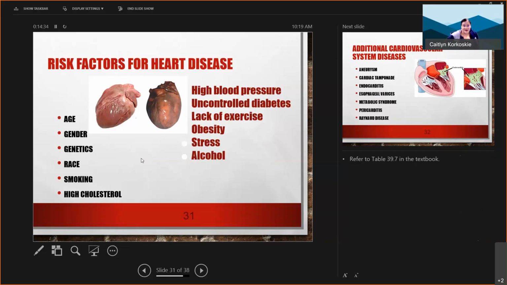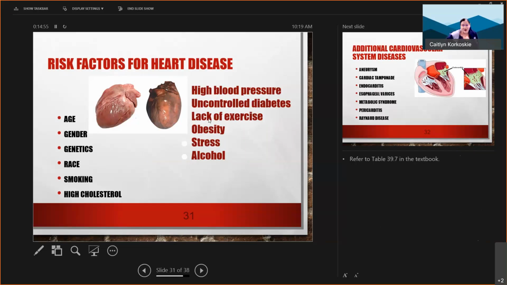Some other things that can cause heart disease besides high blood pressure are high cholesterol, uncontrolled diabetes, lack of exercise, obesity, and stress, which plays a huge part too, as well as alcohol.